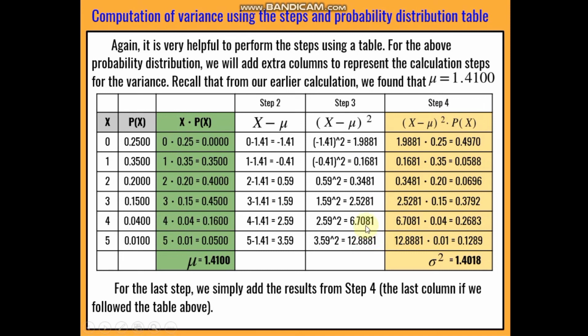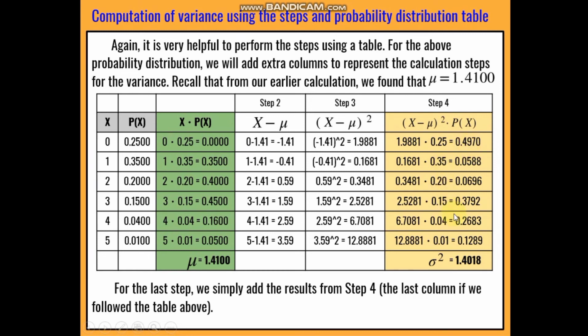And then for step 4, ang gagawin mo lang, whatever the results in step 3 times your probability of x. Saan makukuha to? Sa second column. So, your step 3 result, 1.9881, multiplied by the values in your second column. So, 1.9881 times 0.25 is equivalent to 0.4970.